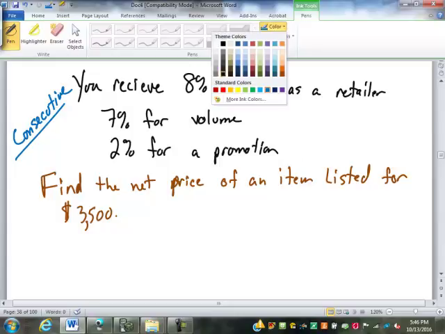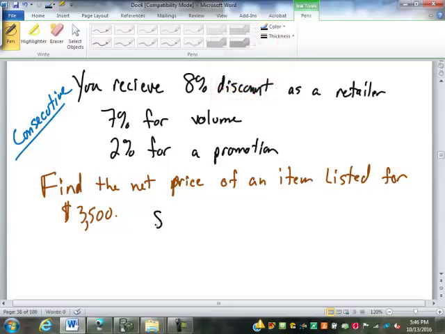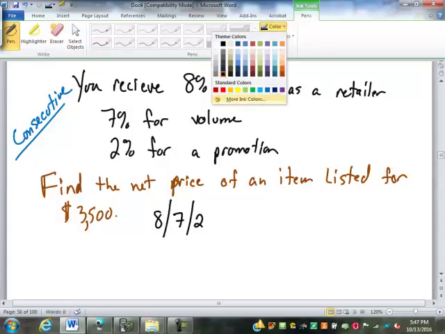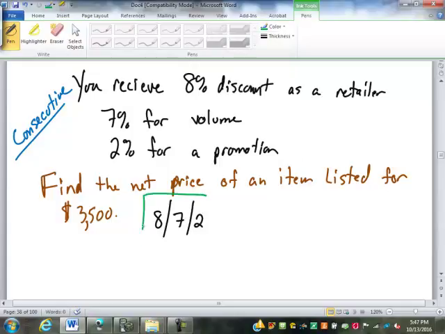The notation for this discount is it would be listed as an 8, 7, 2 discount. Now I'm going to warn you up front, this notation that looks like that, numbers with slashes, it's almost like a date. That notation gets used for about 3 or 4 different things in this chapter.